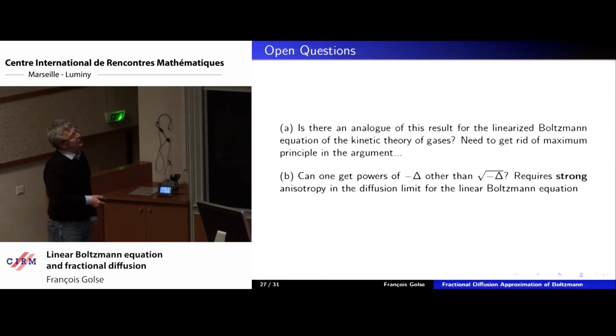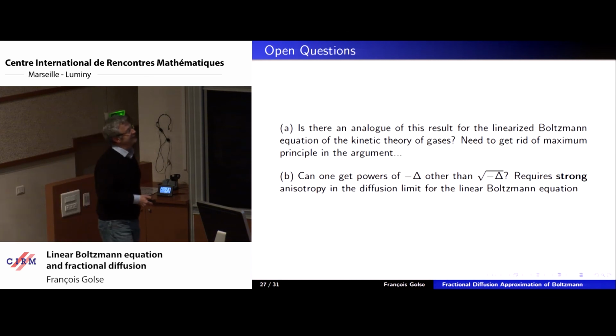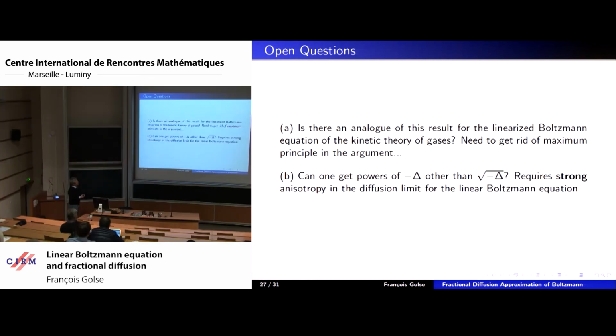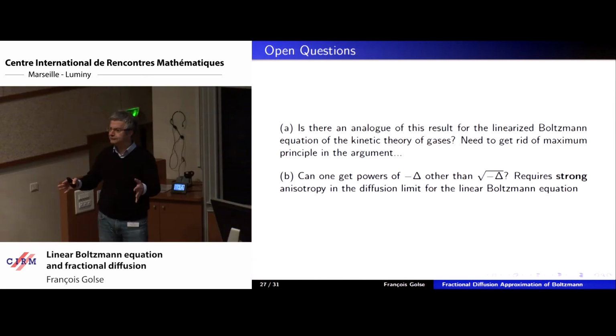Okay. So some further open questions. You might wonder whether there is an analog of this result for the linearized Boltzmann equation, which appears in the kinetic theory of gases. You take the Boltzmann equation written by Boltzmann and Maxwell, right? You linearize it, and is there something analogous to what I presented here?